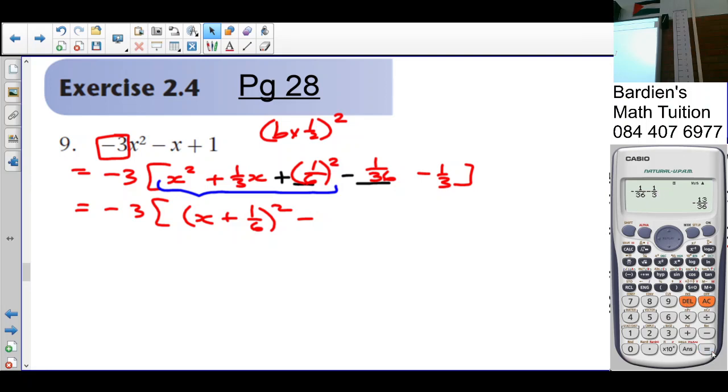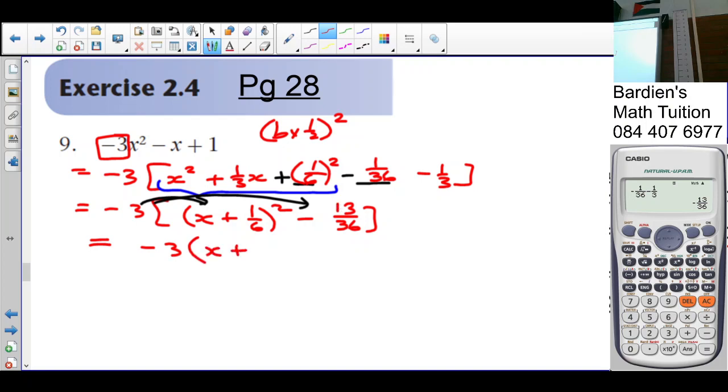Negative 13 over 36. So what do we do now? Multiply the negative 3. Negative 3 into x plus 1 over 6 squared plus 13 over 12. You understand? Any other confusion with exercise 2.4? So you all understand.